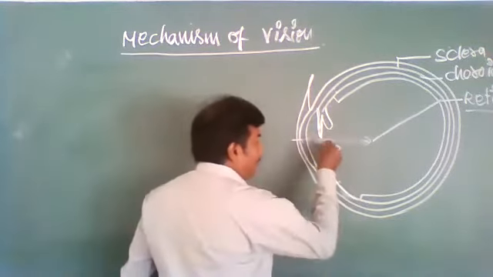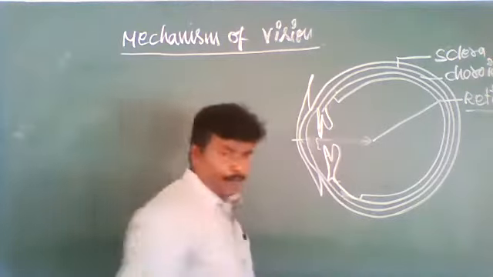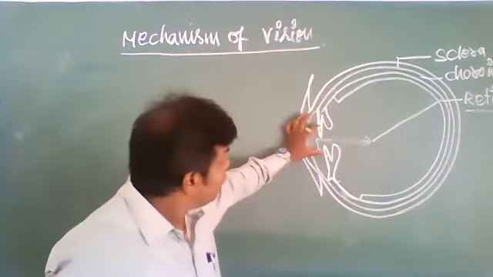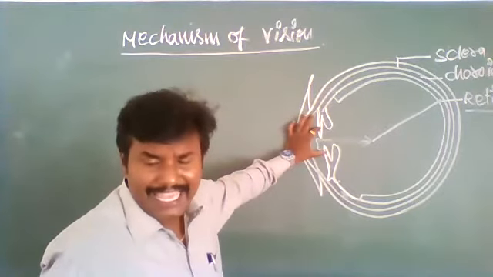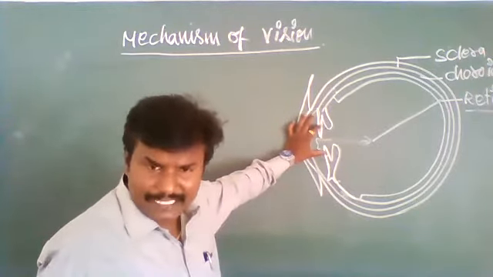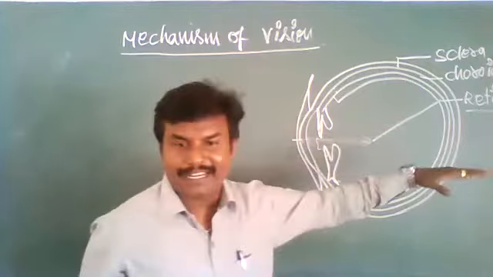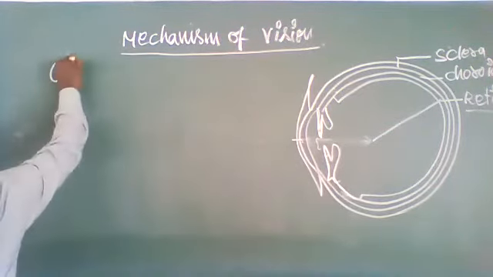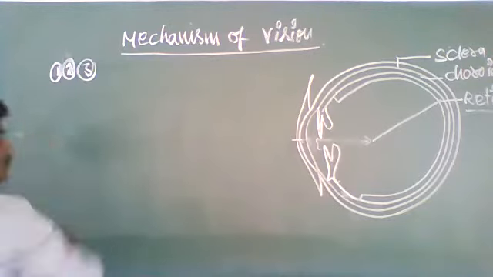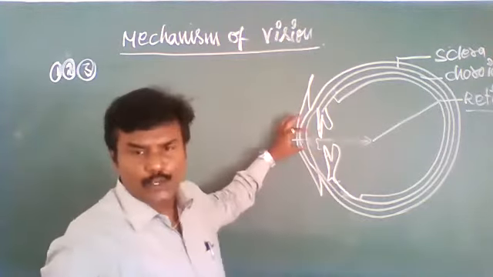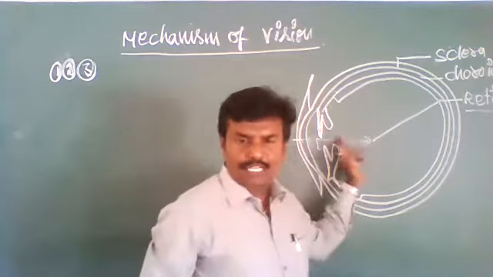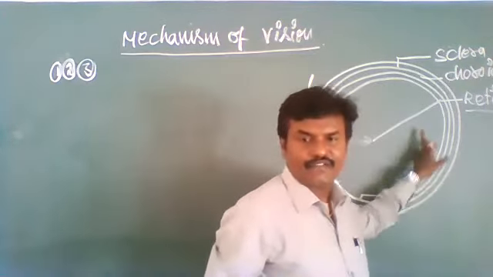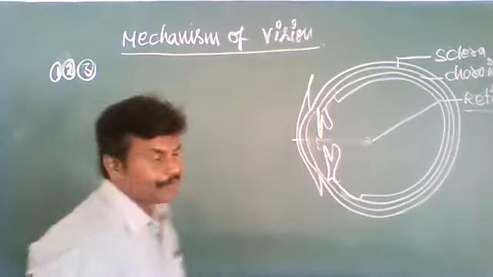In between, the space is called the pupil, and this is the iris, as we already discussed. That is the third statement: the iris controls the amount of light passing through the pupil, and it enters inside the eye and focuses on the retina.